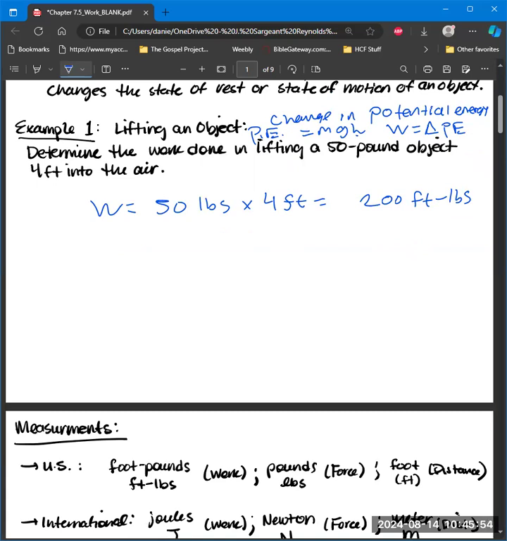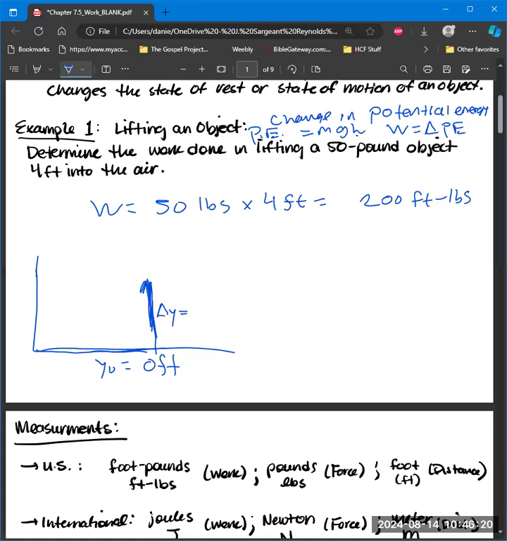So just to show you a picture here, you had an object that was down here, that its initial position was at 0 feet off the ground, and you call this y sub 0, and you moved it.